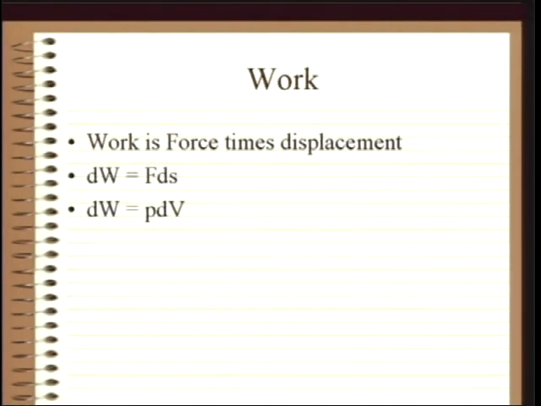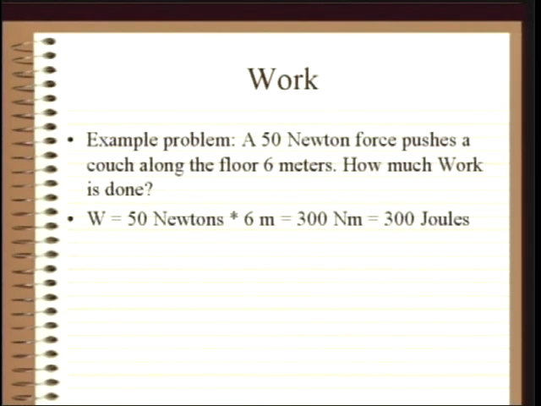Distance can be written as a displacement, or ds, where ds means a change in distance. It can also be written as the change in work is equal to the pressure times the change in volume. And we'll look at a basic problem next.